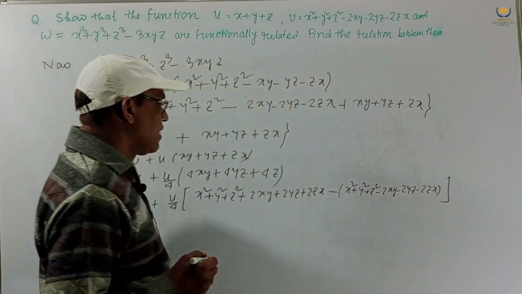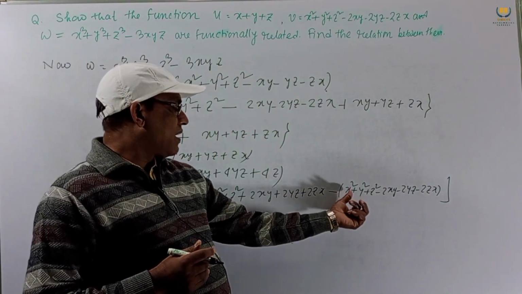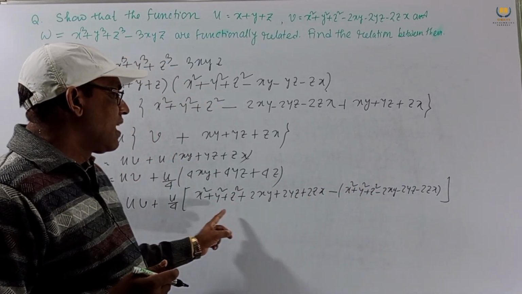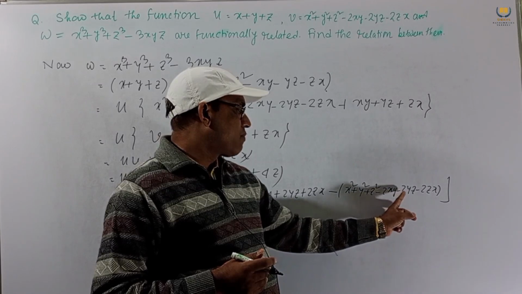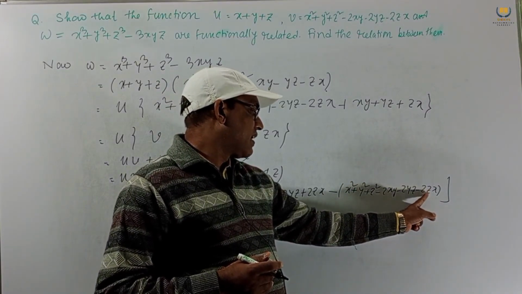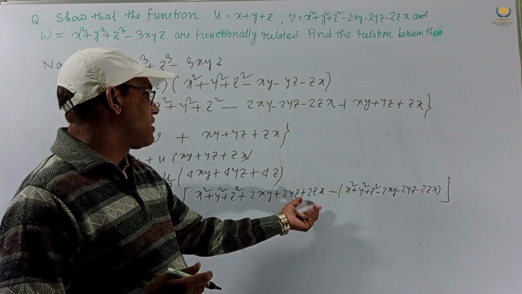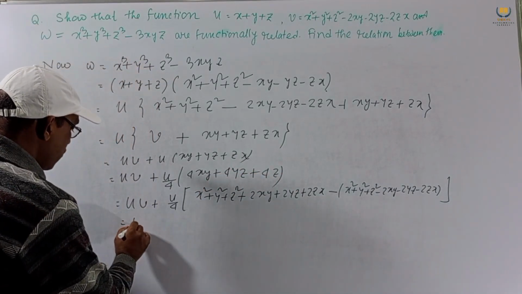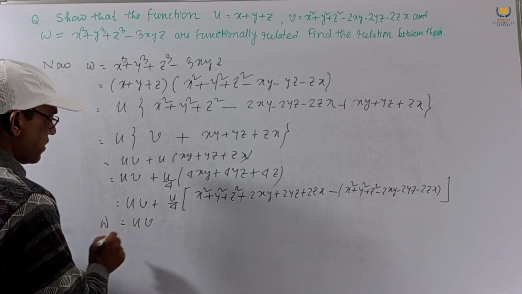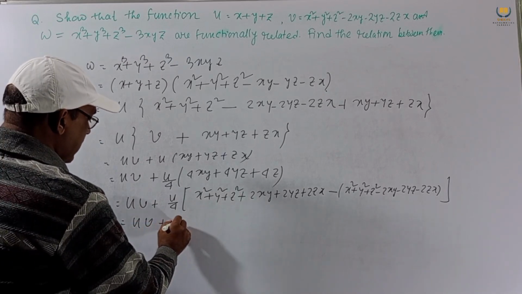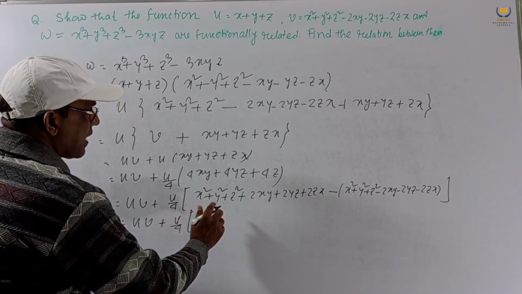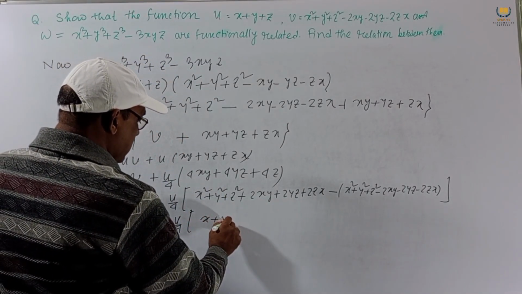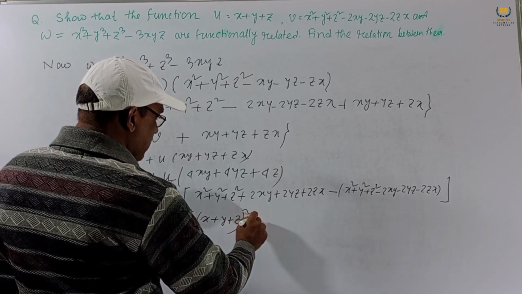We write this. Now if we remove the bracket minus x square minus y square minus z square, that means this 3 will be cancelled. And this will be plus 2xy plus 2yz plus 2zx. This will be 4xy 4yz. We get this term. We can write this. Now this is uv, w equal to uv, u by 4, and this whole we can write x plus y plus z whole square.